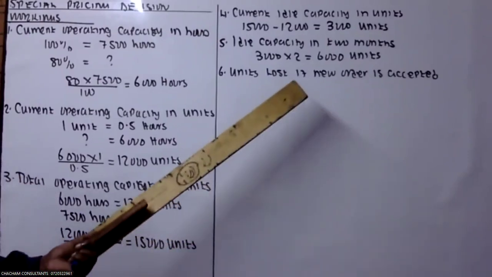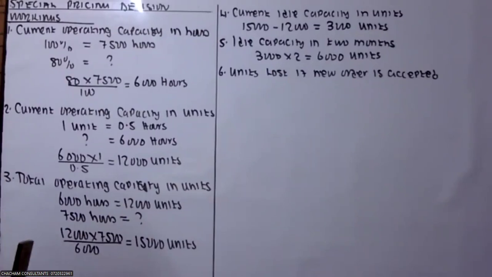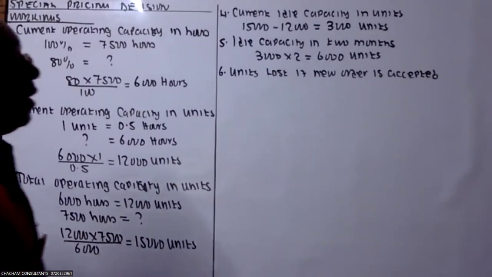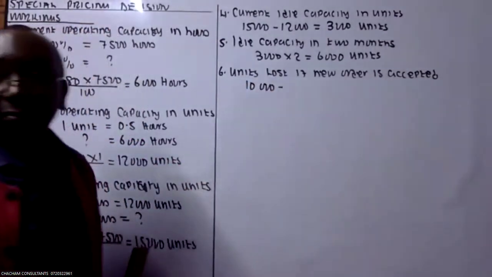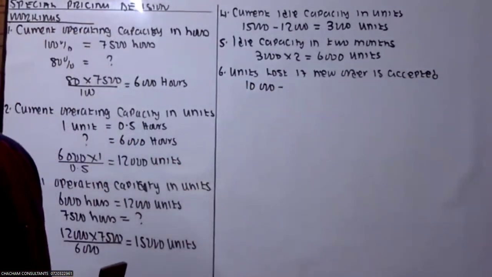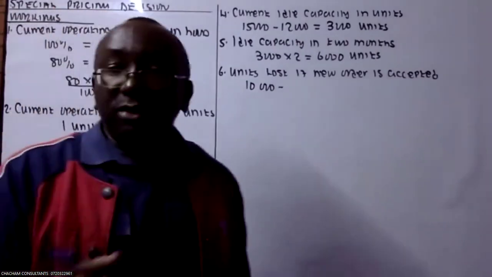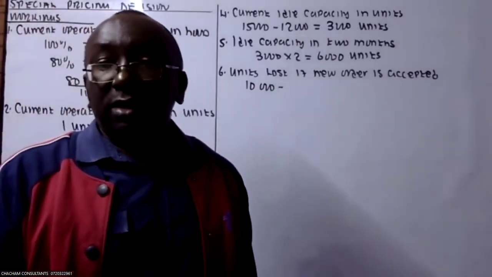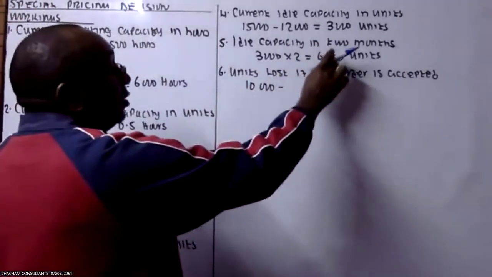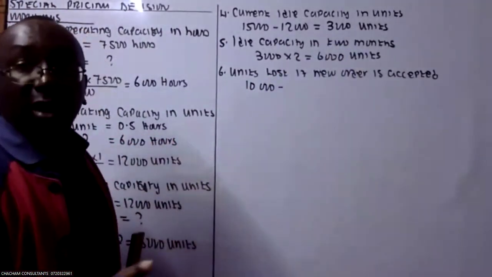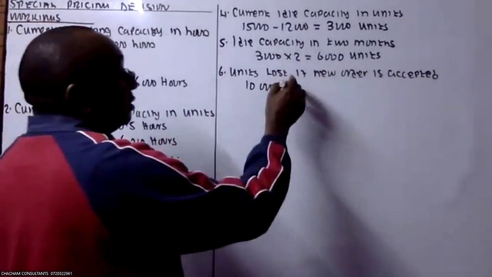The new order is coming with 10,000 and should be delivered within 2 months. If we maintain our normal order, we have an idle capacity of 6,000.